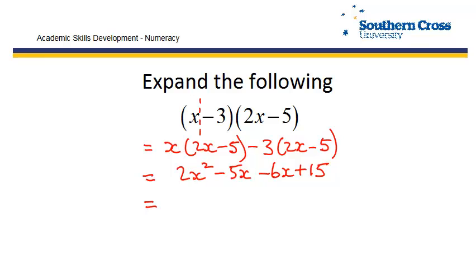So we do have like terms here, and even though it's not an instruction to collect them, we should. So this becomes 2x squared take away 11x plus 15. This type of question is a very standard type, and it gives you a trinomial as an answer.